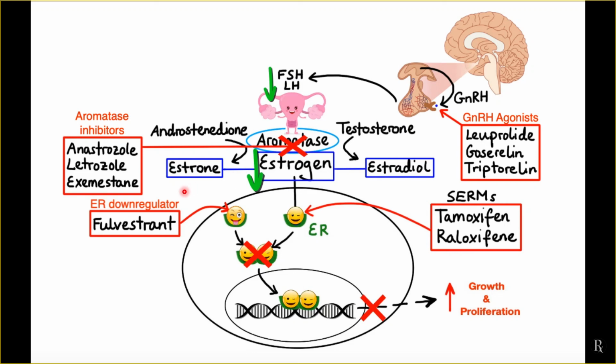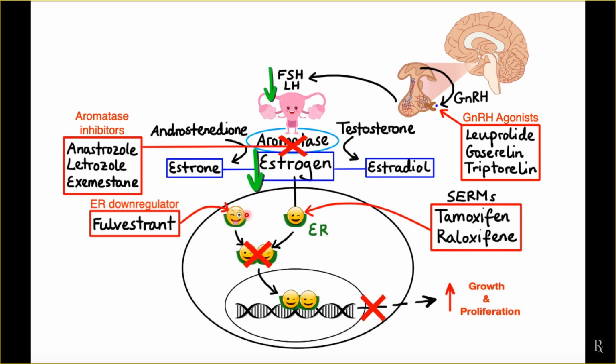And also we can use selective estrogen receptor modulators, that are tamoxifen and raloxifene. These drugs will bind with the estrogen receptor and prevent the dimerization and further entrance to the nucleus. And also we have an estrogen receptor down regulator, fulvestrant, that is binding to the receptor and decreasing the number of receptors.